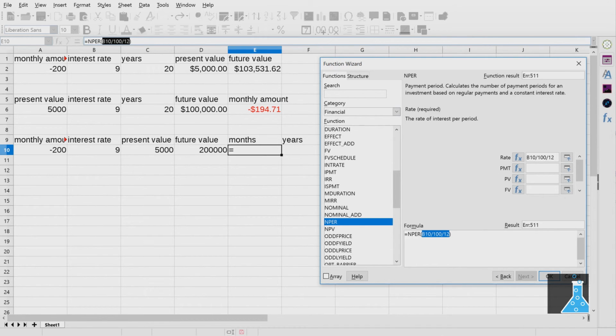So we get a monthly interest rate. The payment is going to be A10. Our present value will be C10. And then our future value, our goal value, will be D10. Okay, and we can see our result right there.